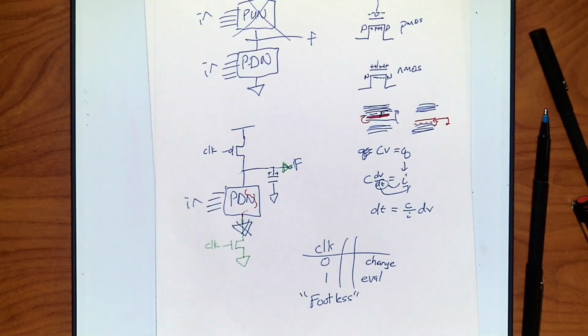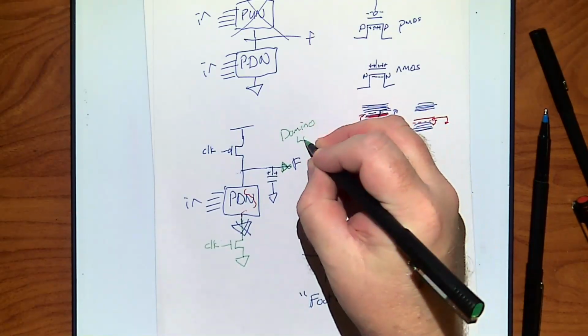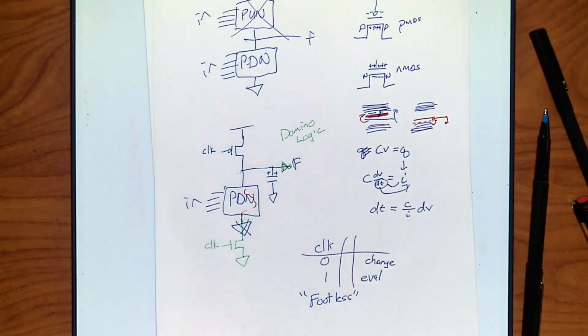And one will fall, and it'll be enough with that extra little push to make the next one, so I can cascade. So that idea of one thing falling and tipping the next one to fall, and you can cascade them, what does that? Dominoes. So when you add that buffer in, it's called domino logic. Yay! There you go.